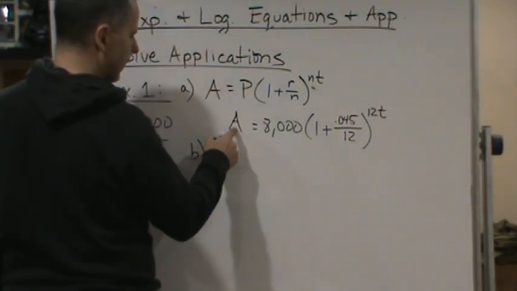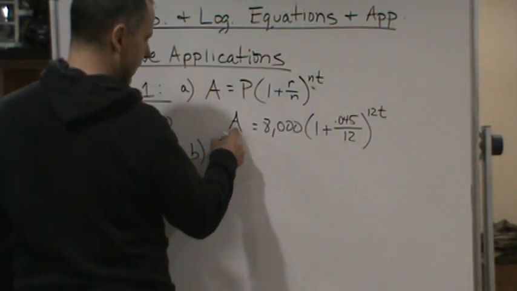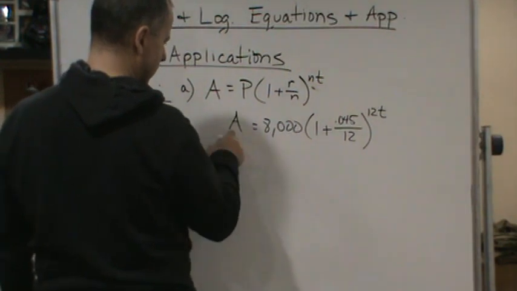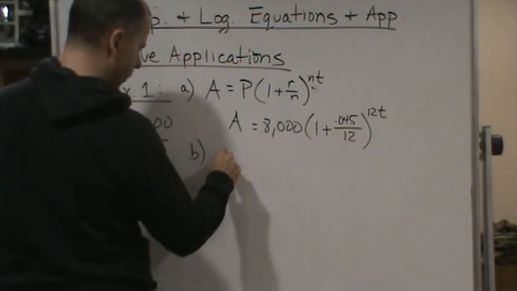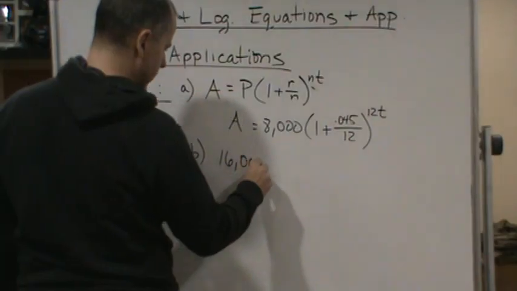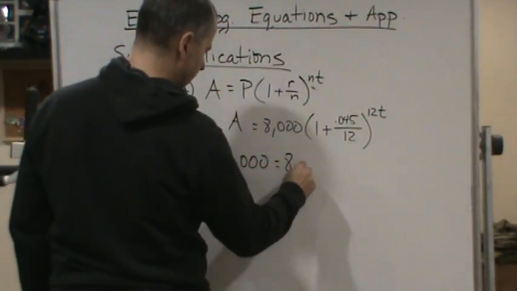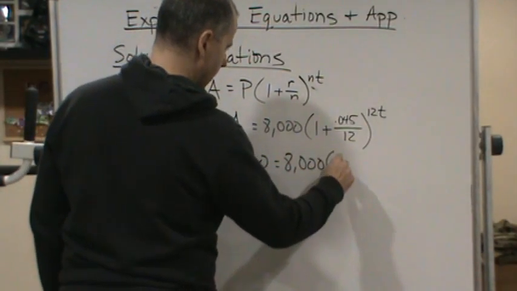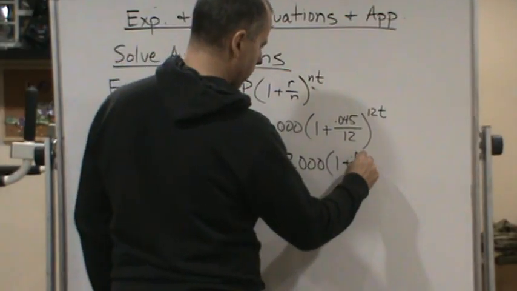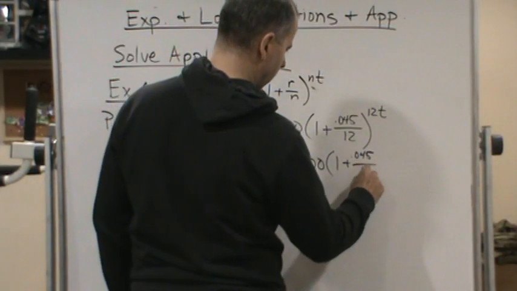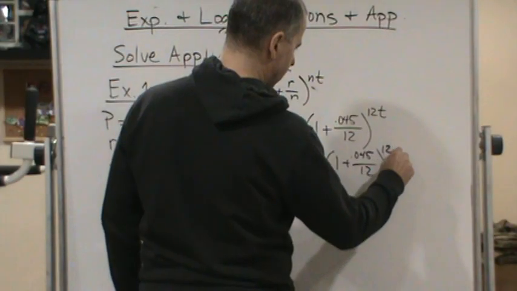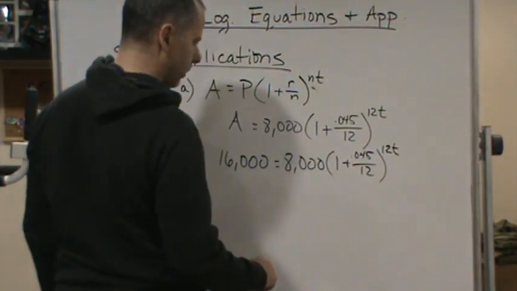Well, what does the accumulated amount have to be? It has to be 16,000, right? If the money doubles, it goes to 16,000. So we're going to set it up as 16,000 equals 8,000 times 1 plus 0.045 divided by 12, raised to the 12t power.